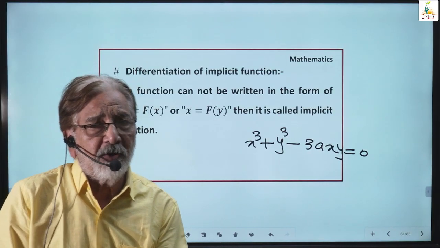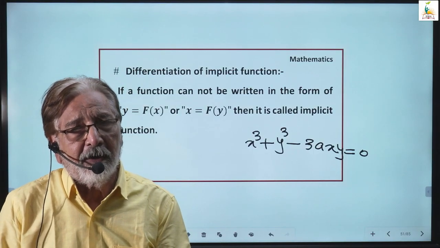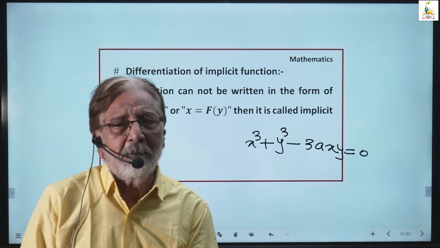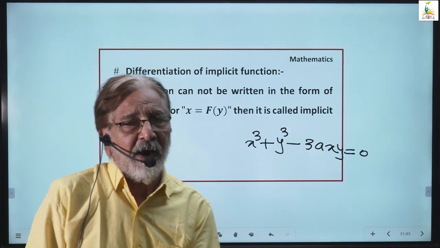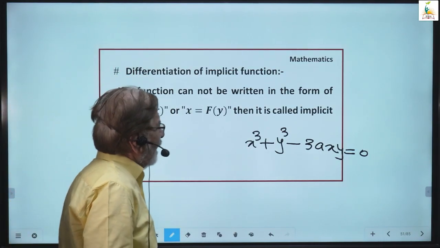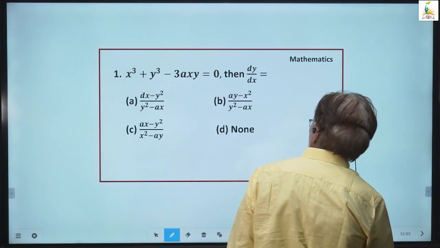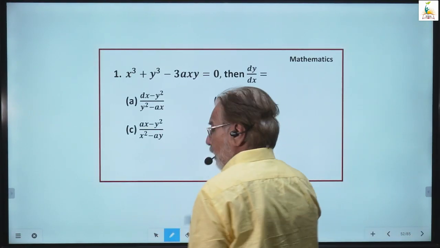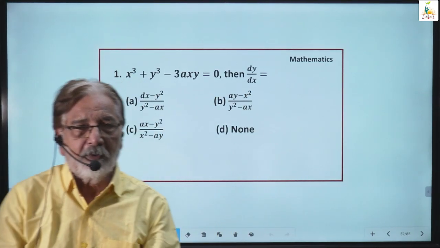To do the questions of implicit functions, you differentiate directly, and sometimes after simplification we can do the questions. For example, if I differentiate it, then the differentiation of x cube will be equal to 3x square. Differentiation of y cube will be equal to 3y square dy upon dx.